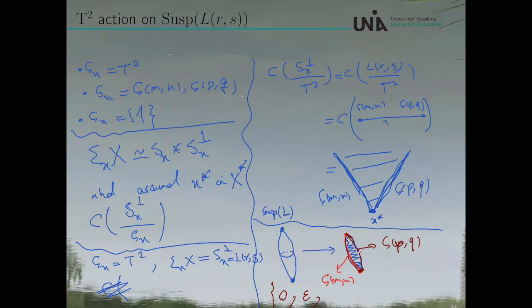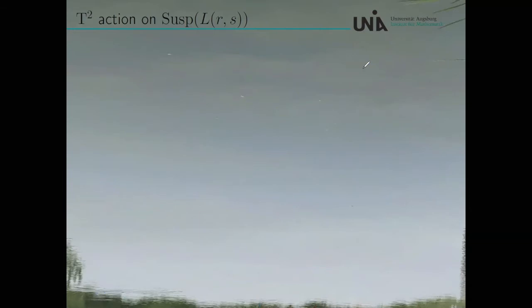To show this information, I use the notation GMN, then the determinant of these 2 circle subgroups, MQ minus NP, and then GPQ. I claim that this action is characterized by this information, but we will see it later. Okay, this is more or less what we do to get the weights.